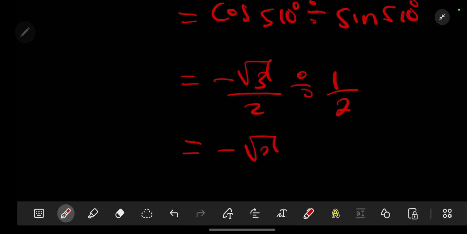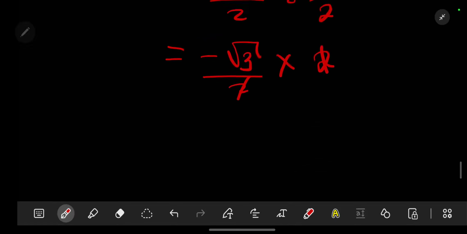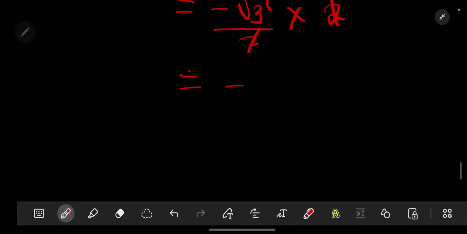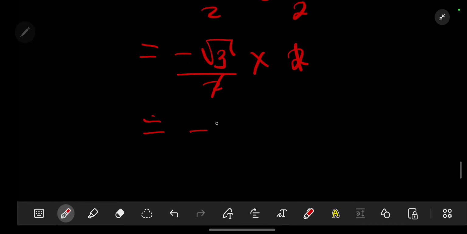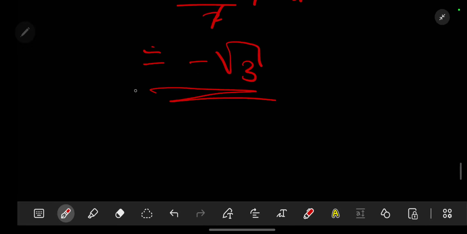Negative root of 3 over 2, this will turn into multiplication and the 2 will go up. So this and this cancel, and we are going to have the value which will be equal to the negative root of 3. So this is our value of the cot of theta.